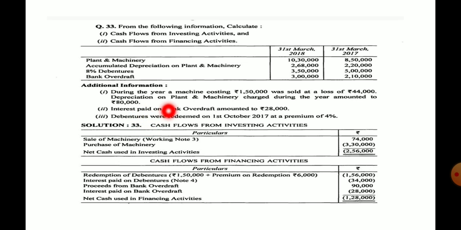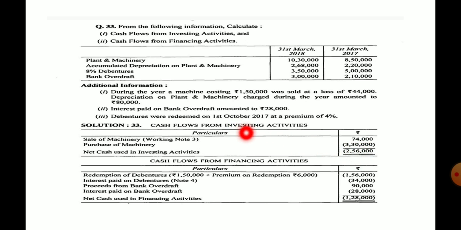During the year, a machine costing 1,50,000 was sold at a loss of 44,000, and the depreciation on plant and machinery charged during the year amounted to 80,000. Interest paid on bank overdraft is 28, and debentures were redeemed on 1st October 2017 at a premium of 4%, written here. So sales of machinery, you have to check, 74,000.